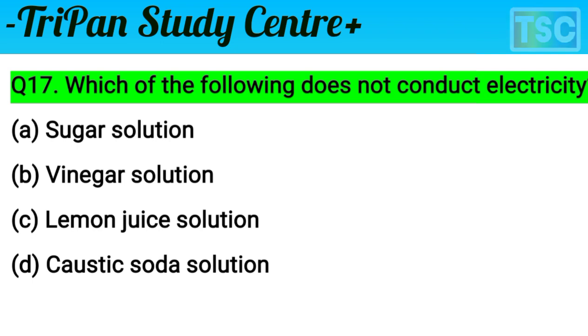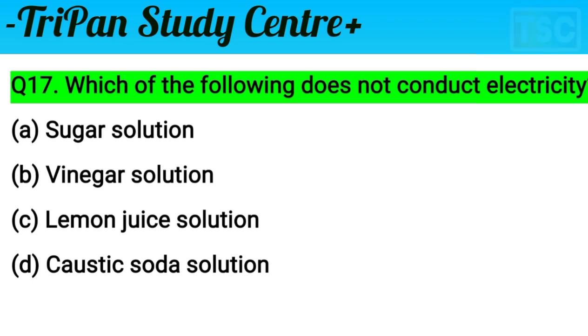Vinegar solution conducts electricity, lemon juice solution also conducts electricity, and caustic soda solution conducts electricity. But sugar solution does not conduct electricity. It means option A is correct: sugar solution.